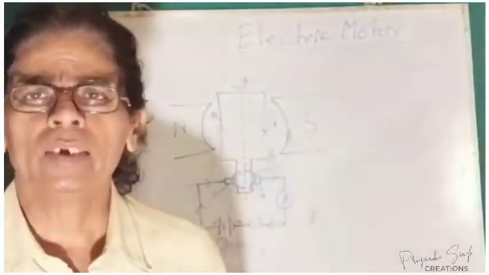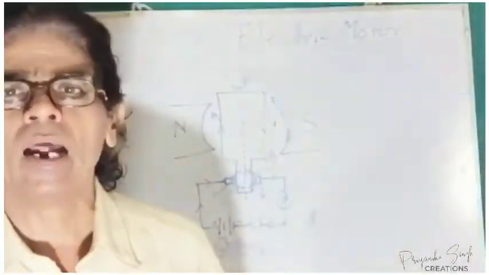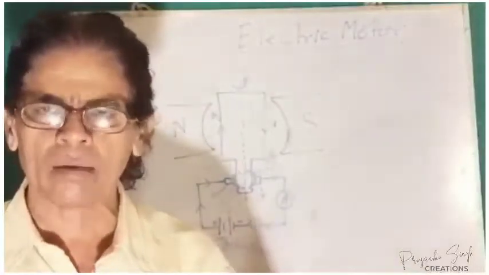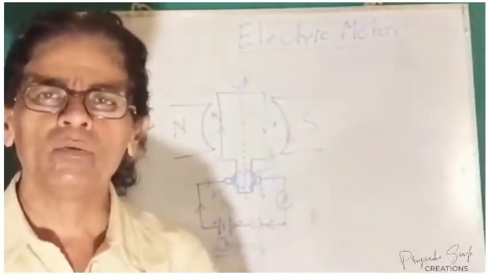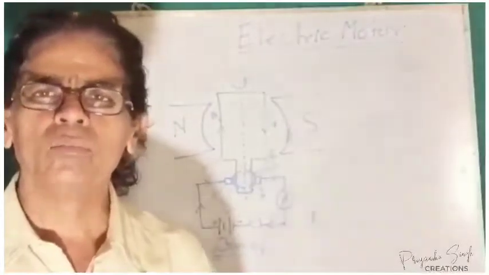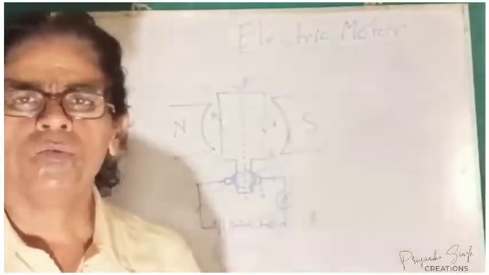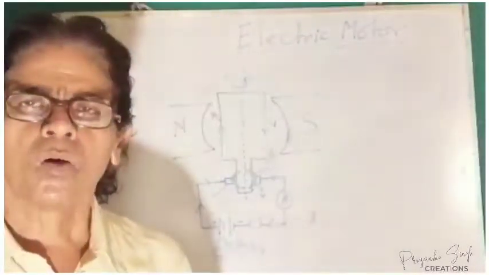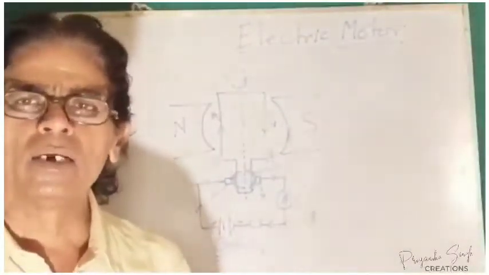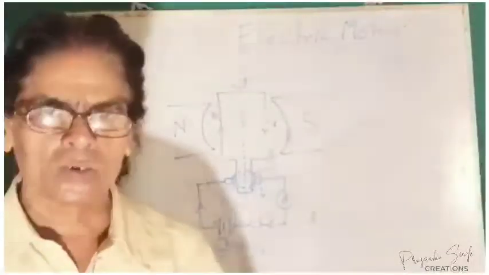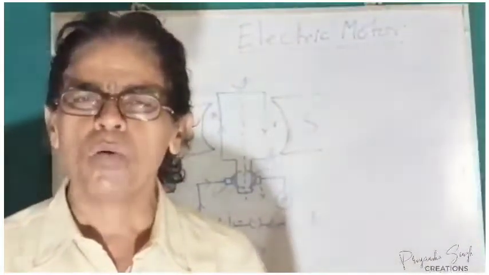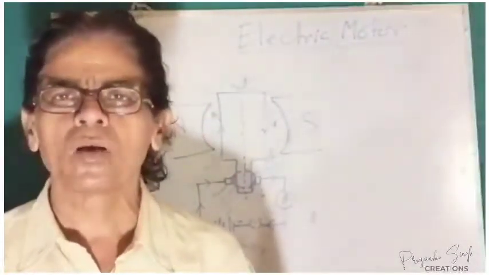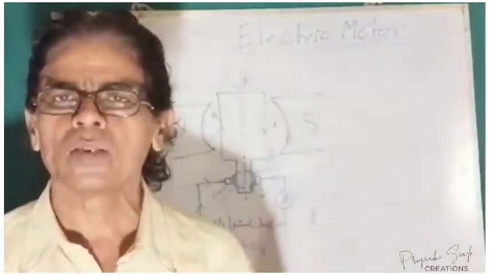If we change the direction of current in the external circuit by reversing the connected terminals, that is, if positive is turned with negative and negative with positive, then the rectangular coil will rotate in the anti-clockwise direction. So the direction of movement of the rectangular coil in the magnetic field depends on the direction of electric current in the external circuit.